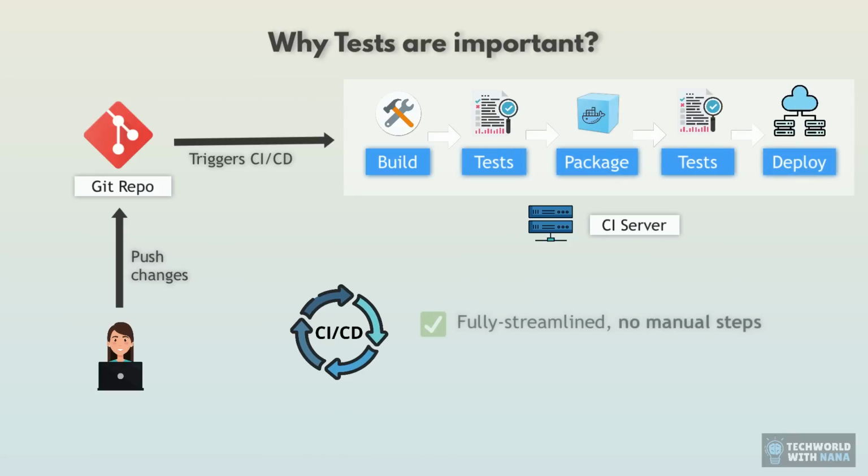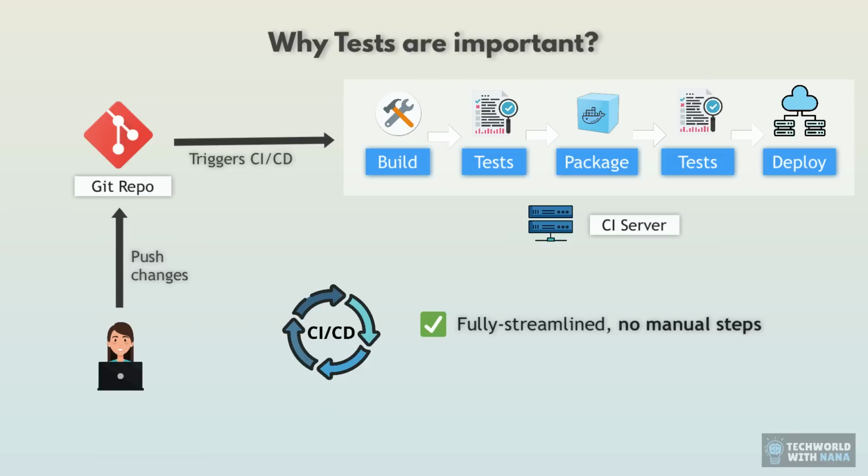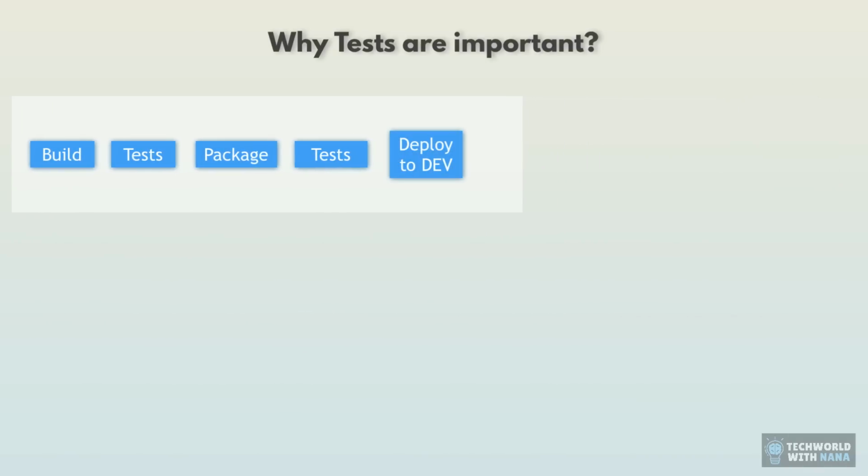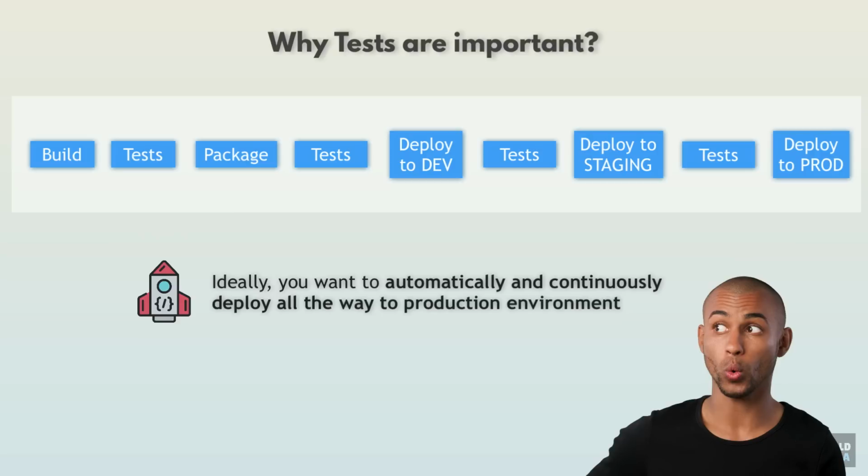So you have a fully streamlined release pipeline with no bottlenecks, meaning no manual intervention at any stage of the pipeline that deploys all the way to at least the dev environment. And if you have really good test coverage, maybe to the staging or even prod environment without any manual testing or code checks in the process.